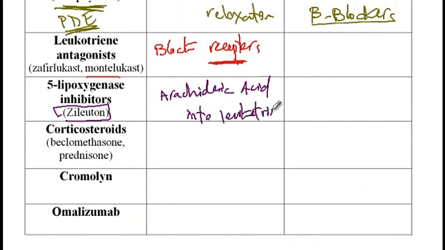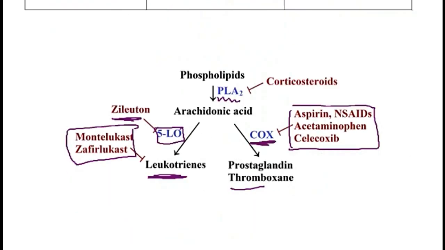Next we have the corticosteroids, which inhibit the phospholipase A2 enzyme, and thus they would decrease the synthesis of the arachidonic acid. So let me show you the pathway again. So here we have the phospholipids that via the phospholipase A2 are converted to arachidonic acid, and later on via the 5-lipoxygenase enzyme converted to leukotrienes.